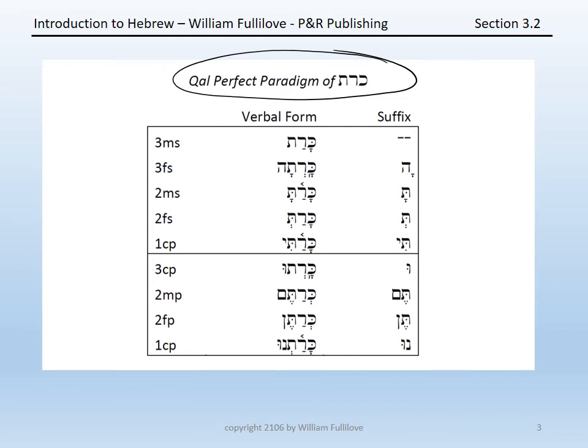When the root ends in a tav, and the suffix also has a tav, that tav will only be written once, and the presence of the doubled letter will be indicated by the dagesh forte. So the paradigm for karat would be karat, karata, karata, karat, karati, karatu, karatem, karaten, karatnu.